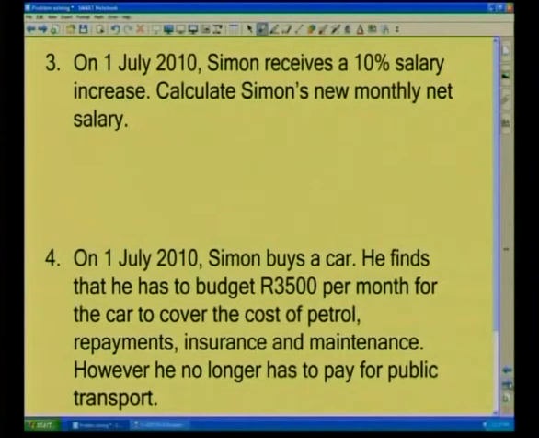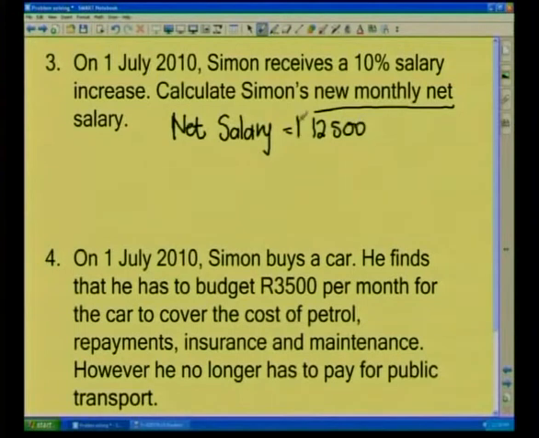Number 3. On the 1st of July 2010, Simon receives a 10% increase. Calculate Simon's new monthly net salary. Okay, we know that his net salary was 12,500, looking back at our previous questions. And we need to increase this by 10%.